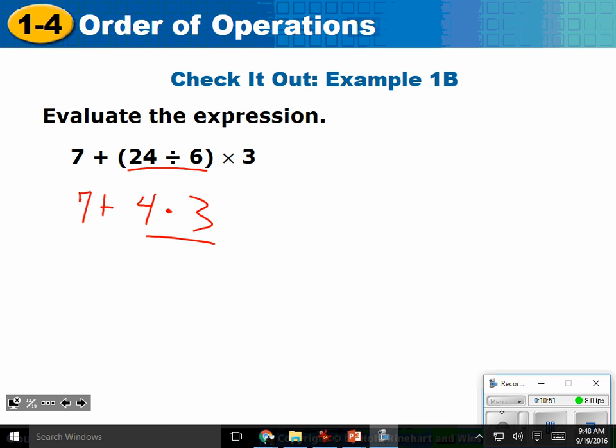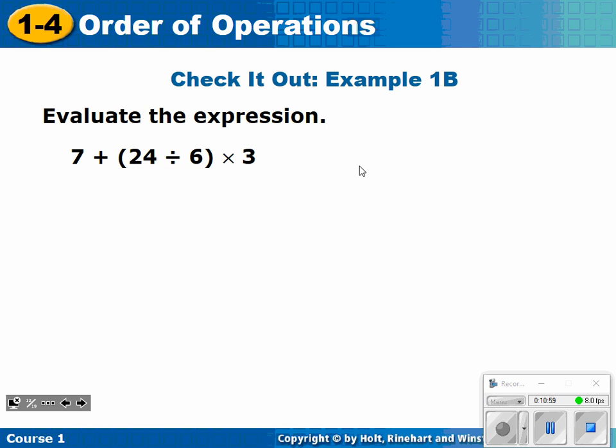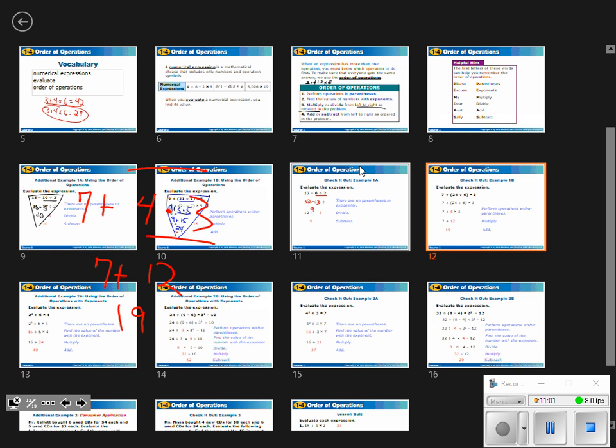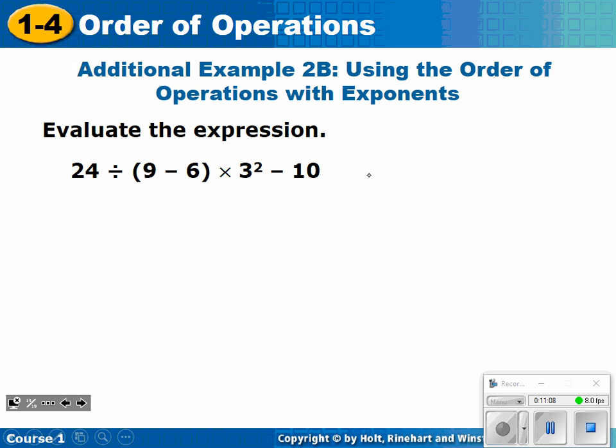This comes next, so we got 7 plus 12, which is 19. Good. So let's do this one. They're getting bigger, aren't they?